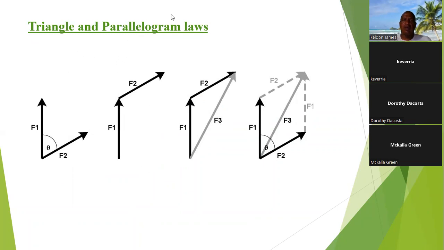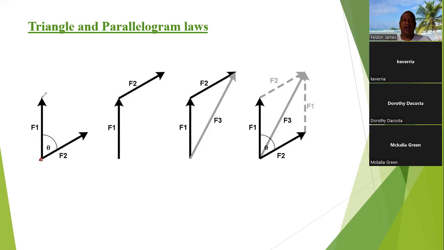Now, if you notice, when you're looking at this scenario, where these two vectors, force one going up and force two going this way, these two forces start at the same point. This one would work very well with the parallelogram law.